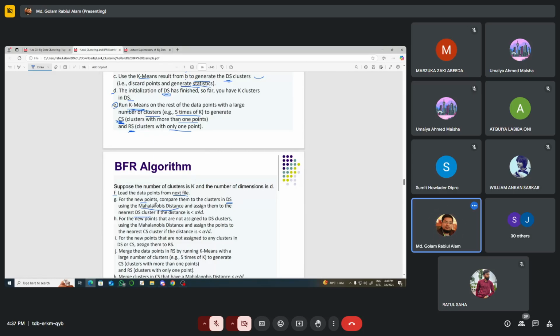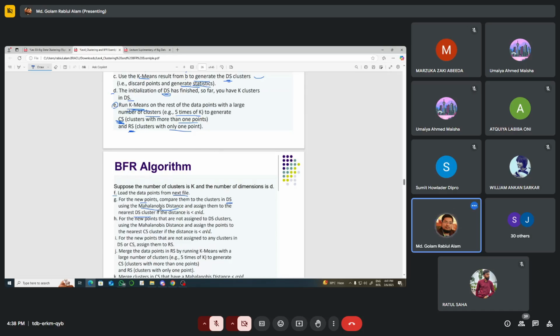There is a reason to apply the Mahalanobis distance instead of just the Euclidean distance: in the BFR algorithm, we assume all the dimensions are distributed in a normal or Gaussian distribution. Each and every dimension's data points are normally distributed.